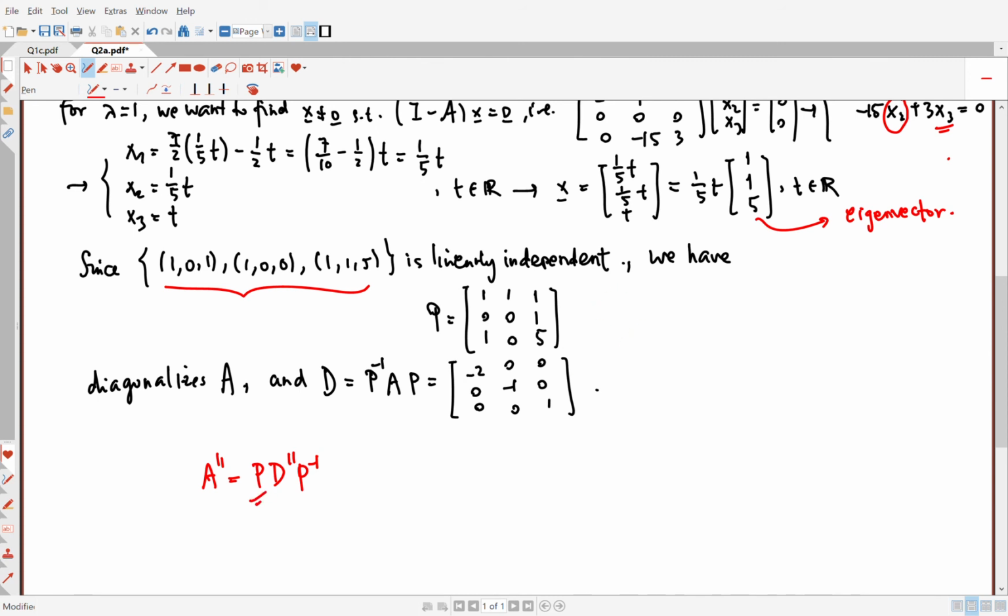We have found our P. D to the power of 11 is quite easy because D to the power of 11 is just minus 2 to the power of 11, 0, 0, 0, minus 1 to the power of 11, 0, 0, 0, 1 to the power of 11, which is 1. So we already have this, but then we still need to find P inverse.